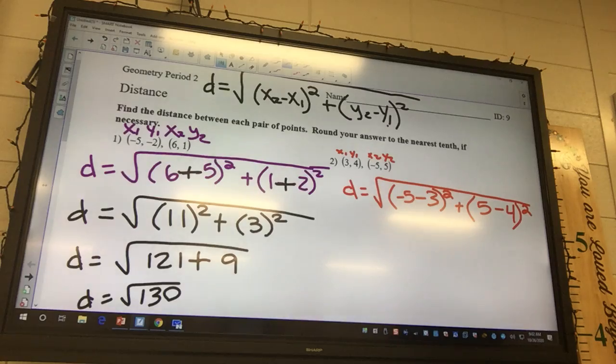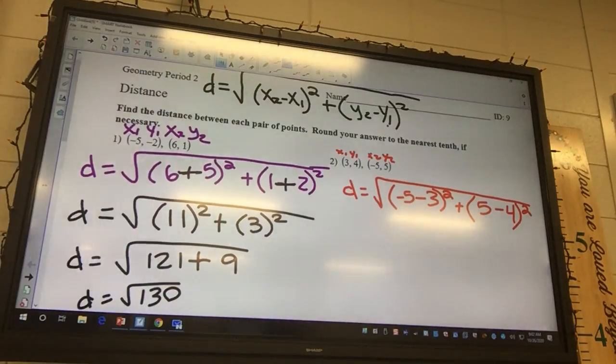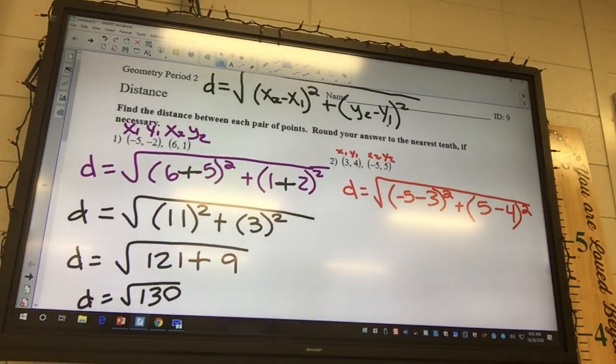Already, if you don't have a calculator, get one. I will show you guys how to do them on this calculator.